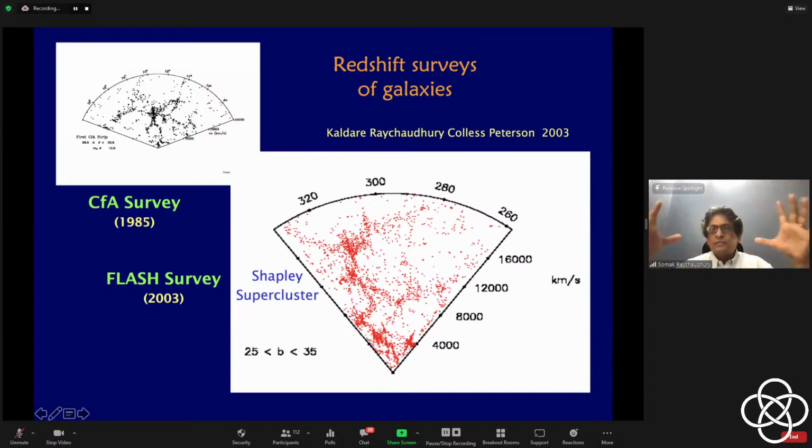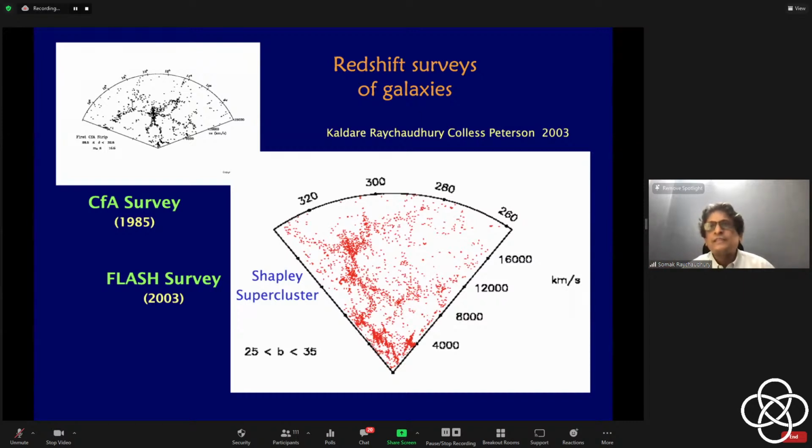So this is a redshift survey done by a student of mine, and each point here is a galaxy. Even small clusters have associations with other clusters, and we call these superclusters.